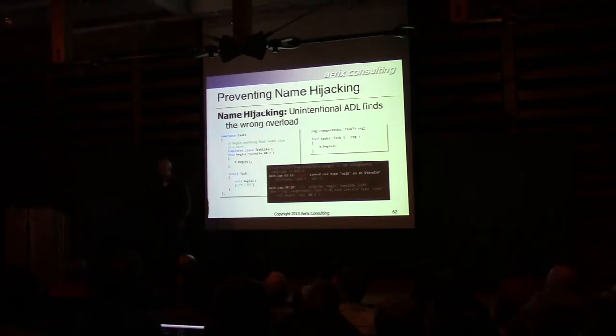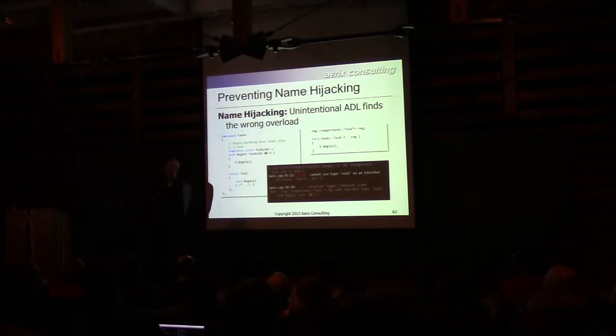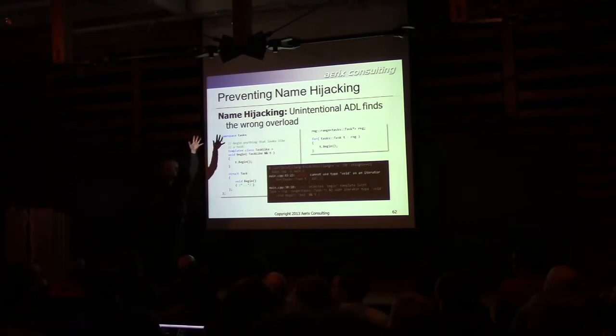It's not so much a question to you, but to everyone. I'm just curious. Has anyone ever wanted the namespace of a template parameter to be part of ADL? Has anyone here ever said, yeah, I needed that? Yeah, I did.